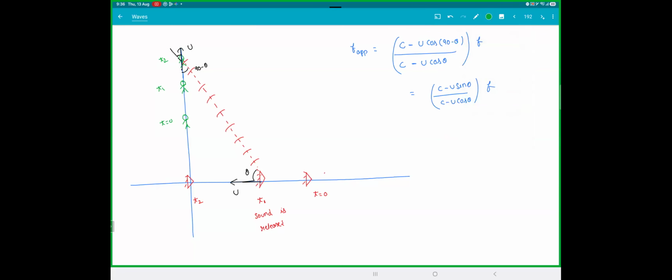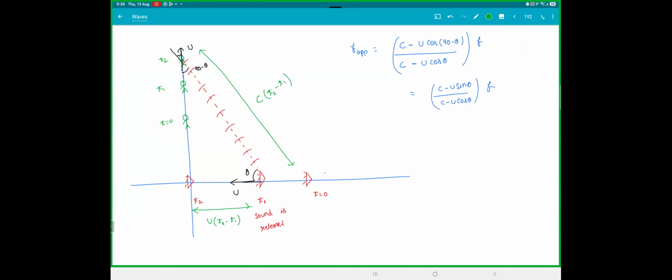Now look at this. That means from here to here, the time interval is t2 minus t1. So that will be u into (t2 minus t1). So the source must have traveled a distance of u into (t2 minus t1) when it is going from here to here. At the same time, the sound also is traveling this diagonal distance, which is speed of sound into (t2 minus t1). Is that making sense?